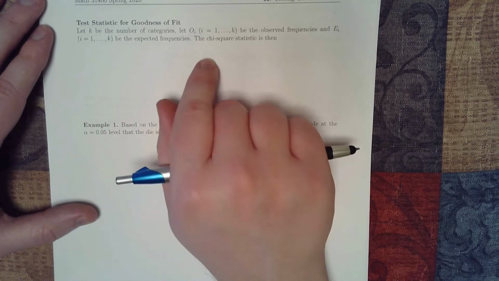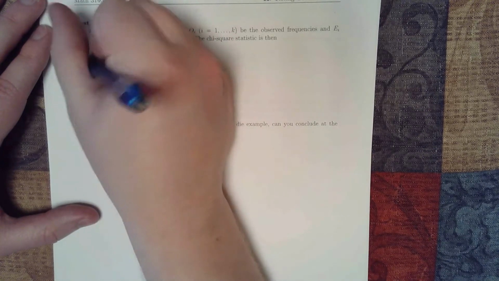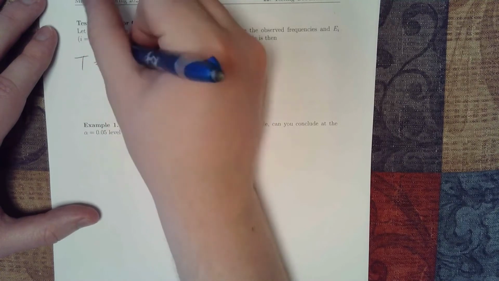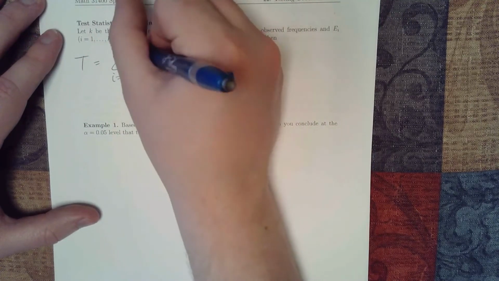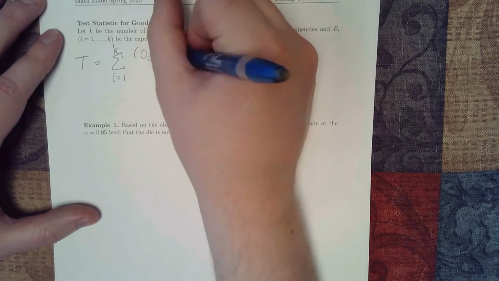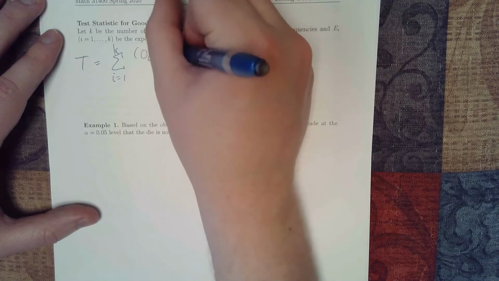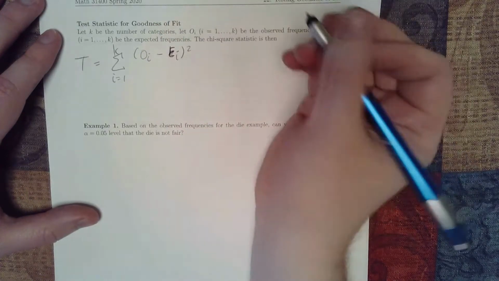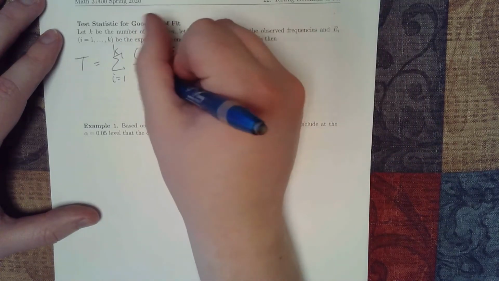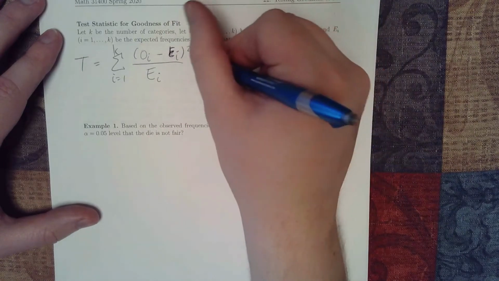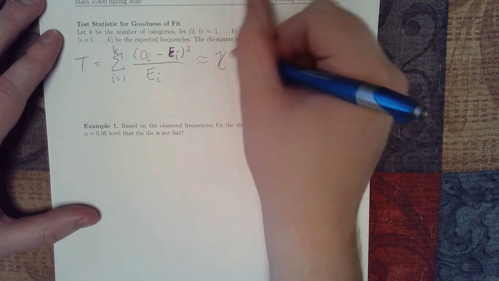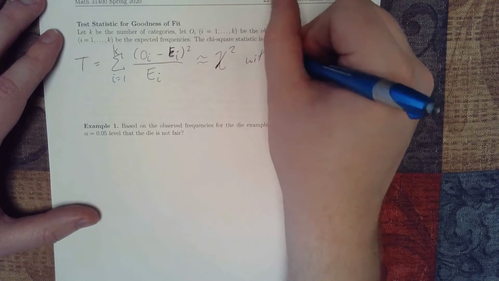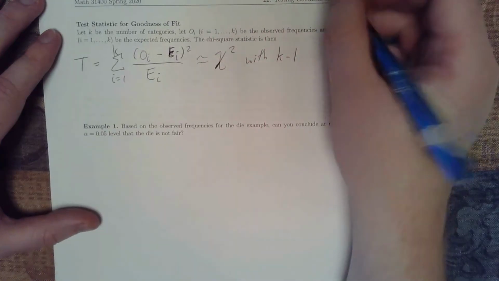The chi-squared statistic is the summation from i equals 1 to K of O sub i minus E sub i, squared, over E sub i. And this is how we get our chi-squared with K minus 1 degrees of freedom.